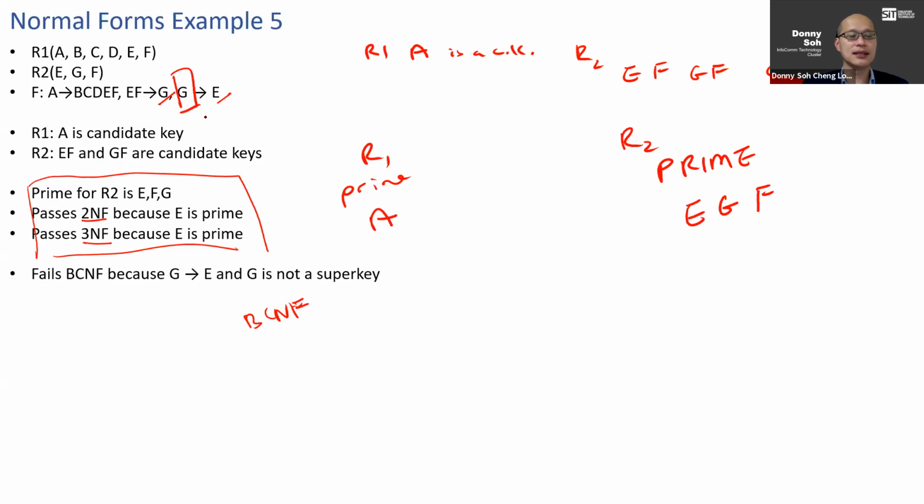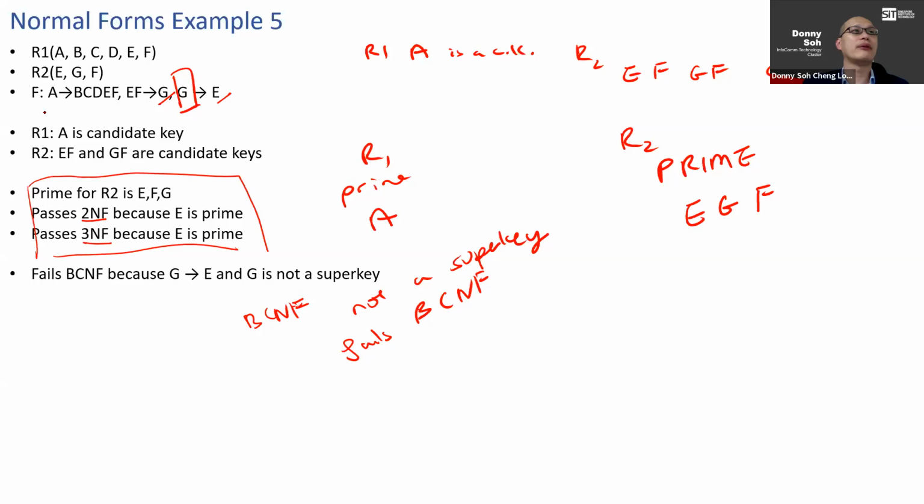In this case, the left-hand side is not a super key, and so this fails. B, C, and F. Okay. So this is for R2.